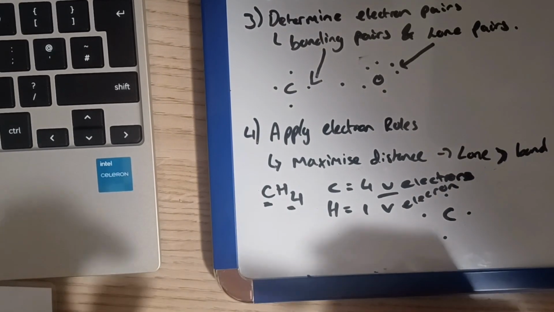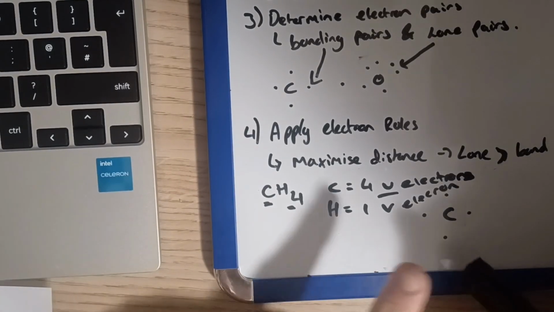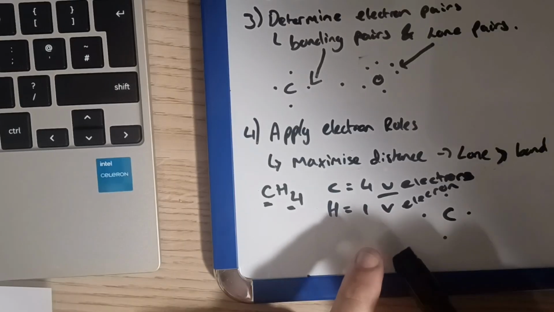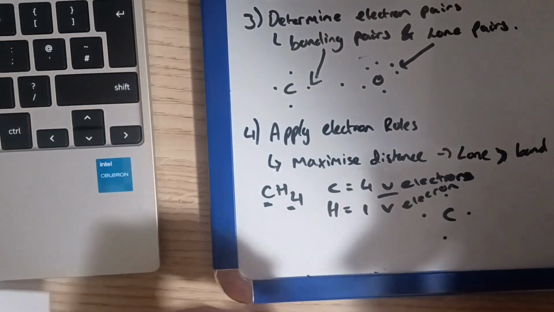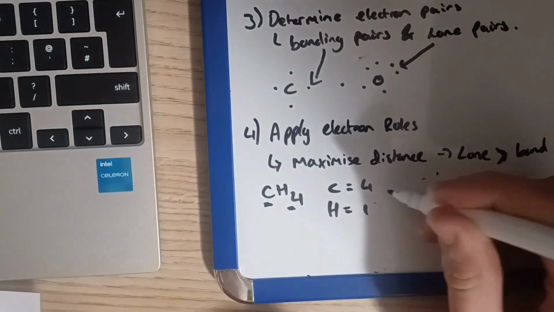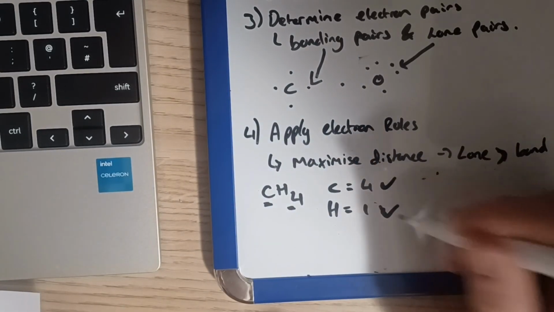Next, we identify whether our valence electrons are bonding electrons or whether they are lone electrons, also known as a lone pair. So 4V, 1V.